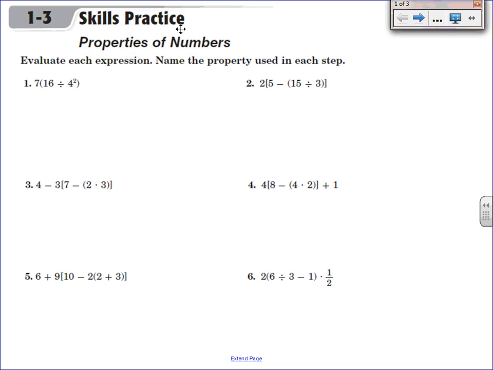So in number 1, we're going to use order of operations, and every time we do a calculation or a step, we're going to name the reason that we're allowed to do that using one of the number properties. So we have, please excuse my dear Aunt Sally. Order of operations.